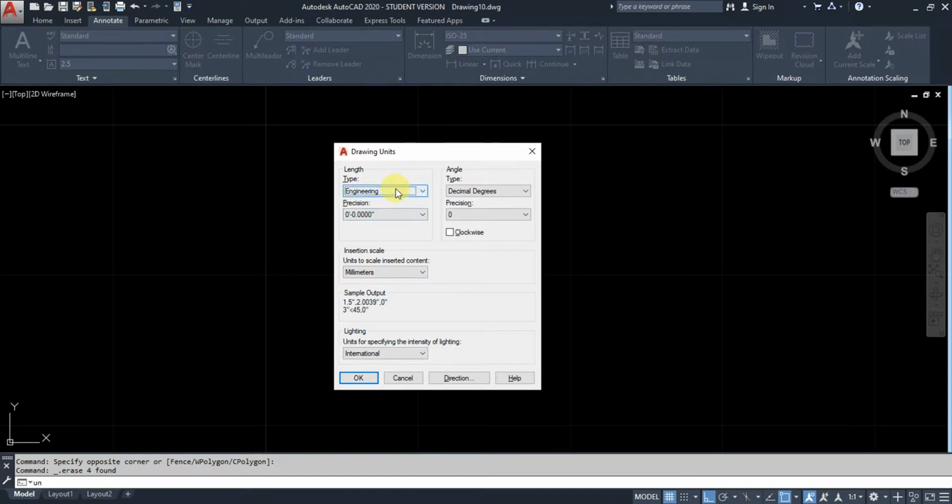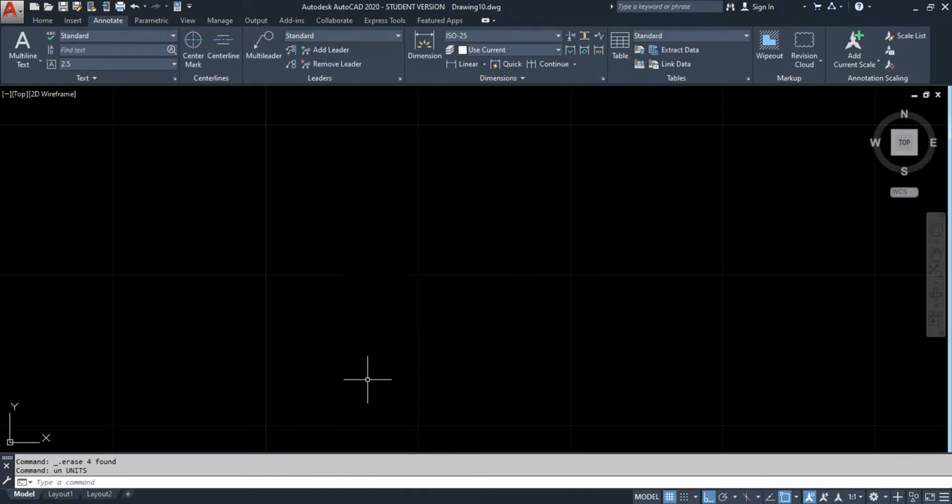Okay, next unit will be fractional. It's nothing but a metric fractional unit. Architectural is based on inches fractional unit. This is based on metric fractional unit like mm. So in this case I'm going to give the input 25 slash 1 by 2.